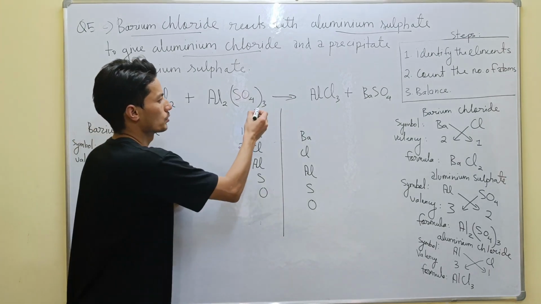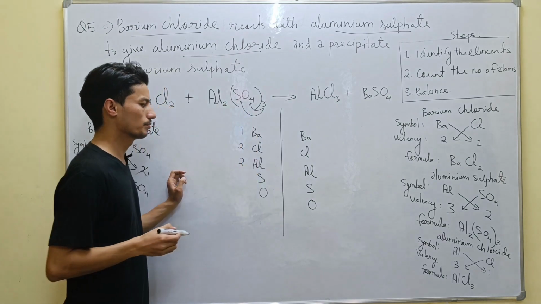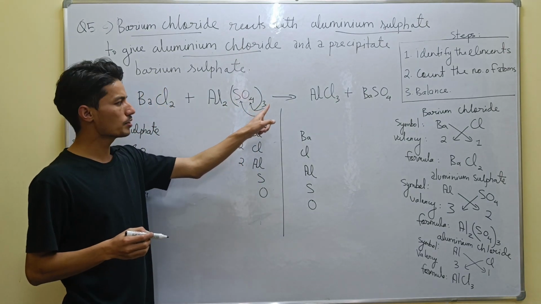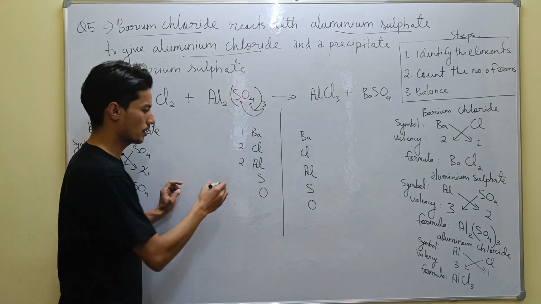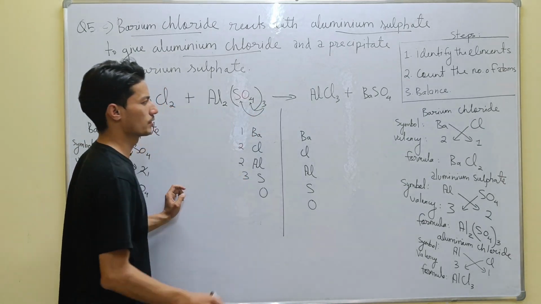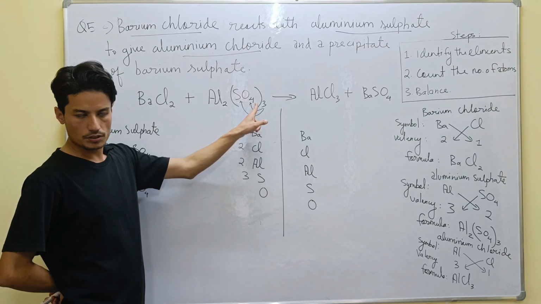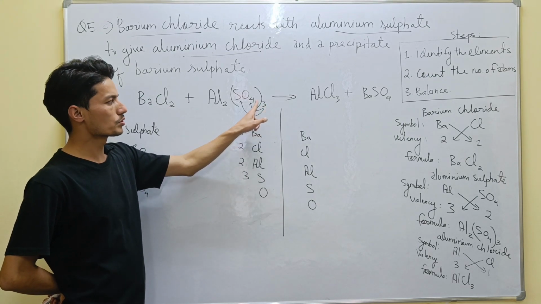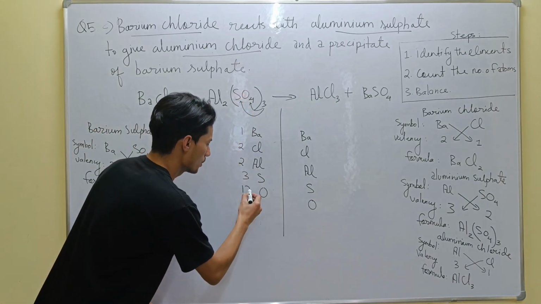This 3 belongs to sulfur, and this 3 belongs to oxygen also. So there are 3 sulfur. And how many oxygen? The 4 belongs to oxygen, but this 3 also belongs to oxygen, so it will be 3 times 4, which is 12.